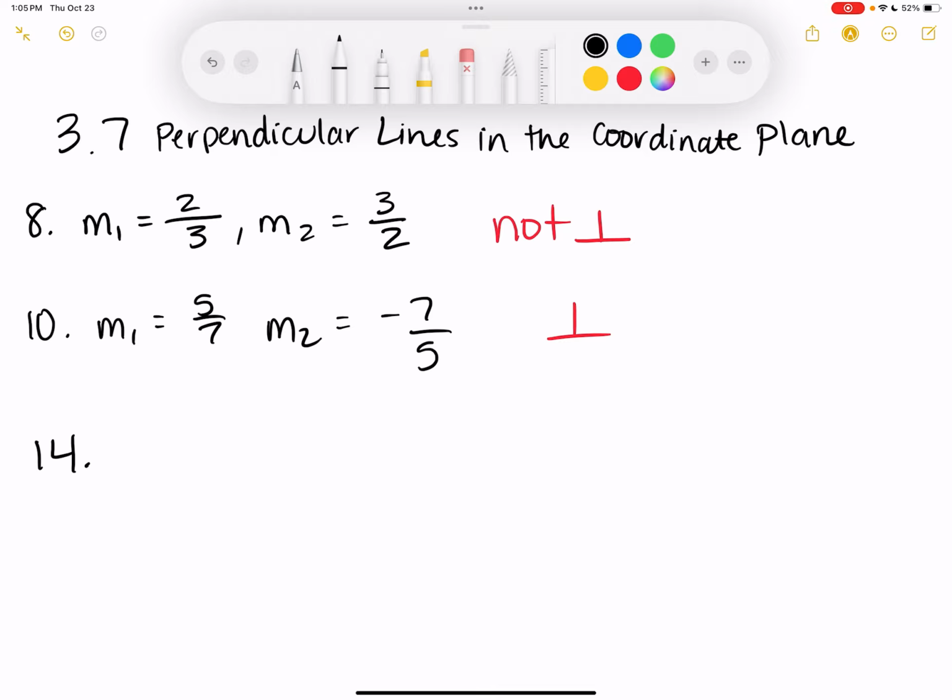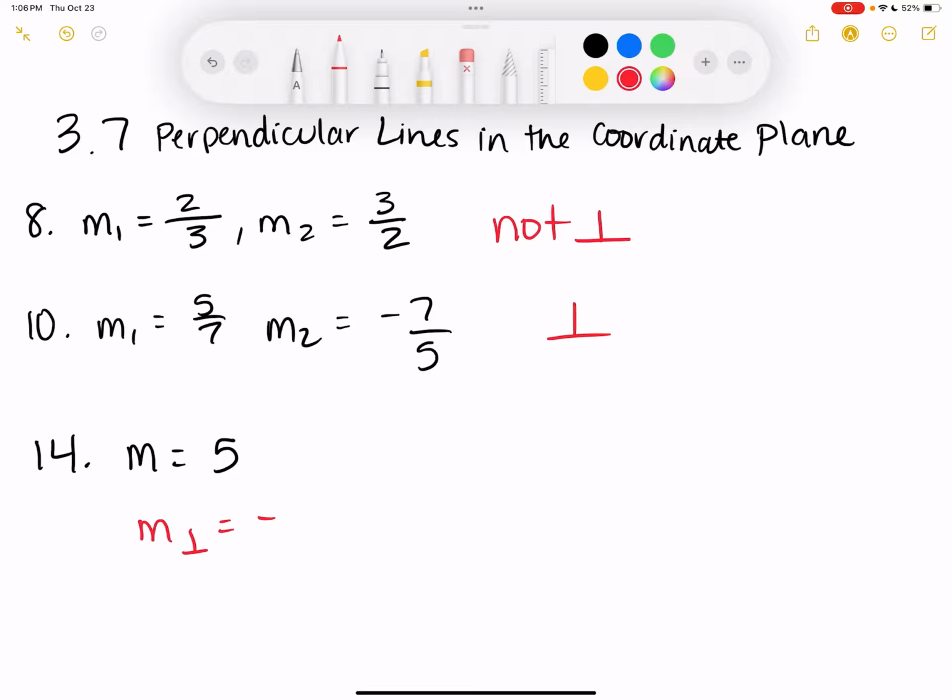All right, 14. These ones say lines J and N are perpendicular. The slope of line J is given. What is the slope of line N? So basically, what's the perpendicular slope? So 14, the slope is 5, and they just write 5, but I'm just going to write M equals 5. So what is the slope of the perpendicular line then? -1/5.